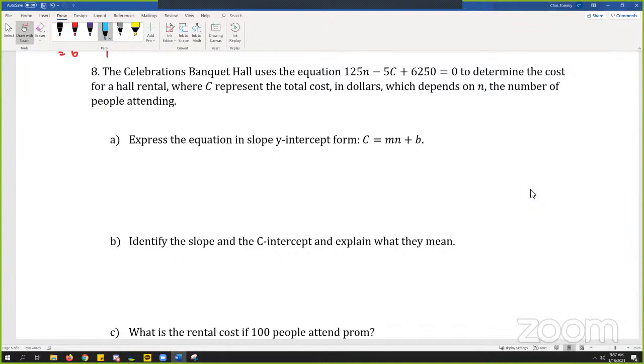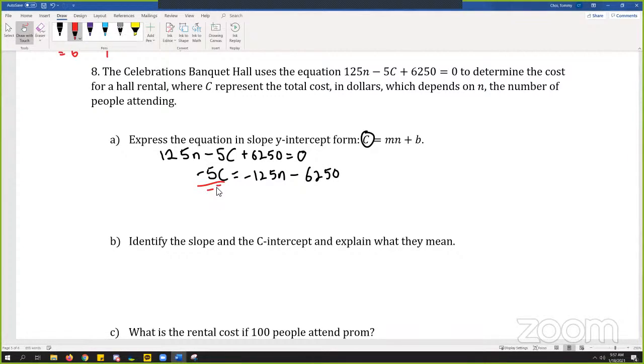We have our original equation here, so I'm going to copy that down here. 125n minus 5c plus 6,250 equals 0. So once we have that, we can now move everything to the other side. That's not c. C is considered our y variable. So we should get minus 5c is equal to negative 125n minus 6,250.